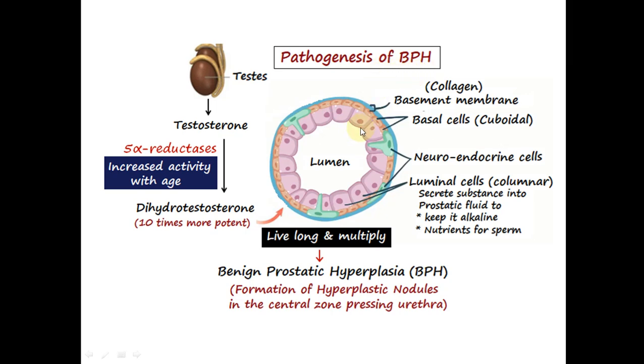So the probable pathogenesis of benign prostatic hypertrophy is that the prostatic cells are under the control of testosterone or androgens that are mostly secreted by the testicular tissue, and a small amount may also be secreted by the zona reticularis of the adrenal gland.